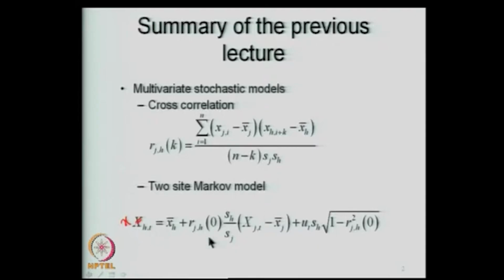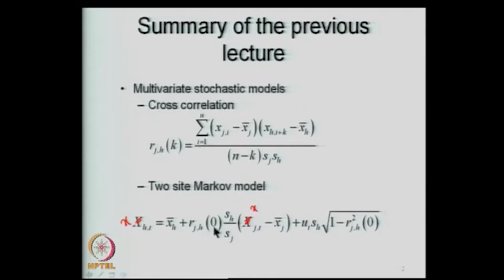We are using the data at site j during time period t, and we are looking at the cross correlation between the data at site j and site h at lag 0.